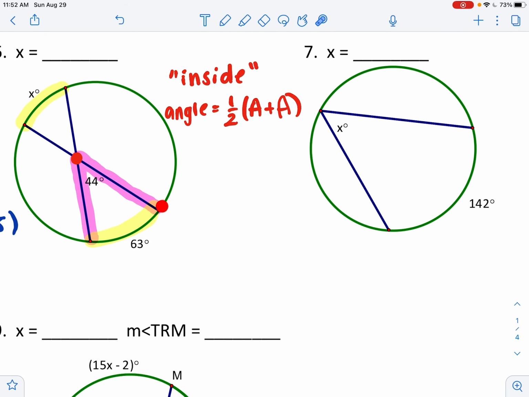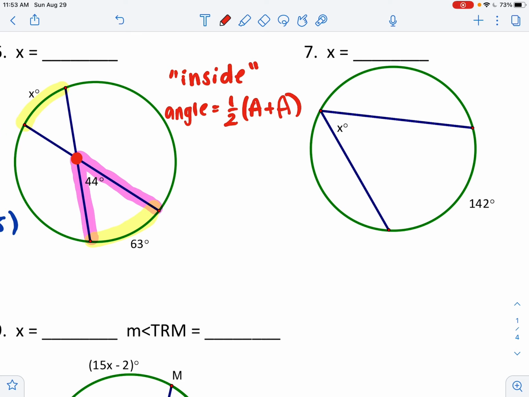This arc right here would have touched this arc, so they can't be opposite if they touch. And the same thing here. If I had highlighted this arc, you would see how they touch each other here. So it might be helpful for you on your test, if you have highlighters, to highlight the arcs you're using and make sure that if they're supposed to be opposite, that they are.